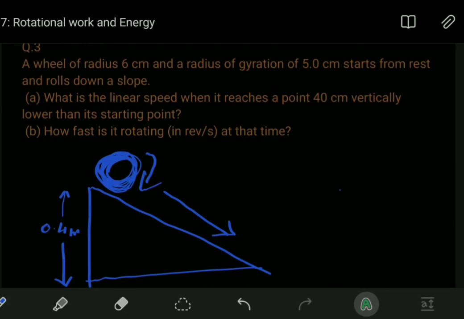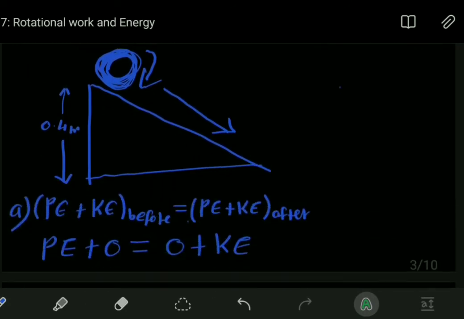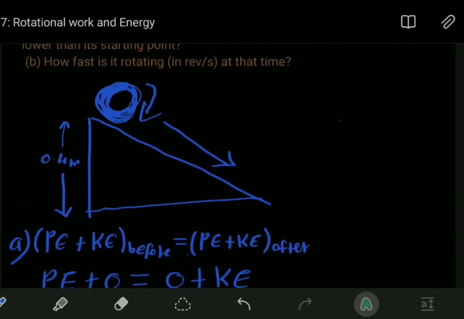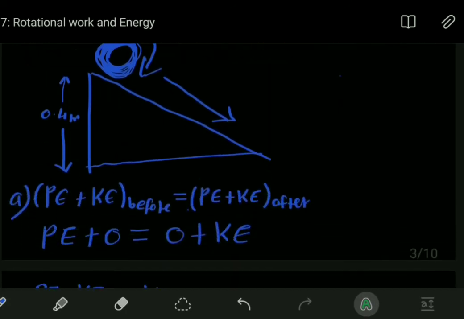So the linear speed it's moving with when it's at the bottom, and also the angular speed at that time. Okay, so here is our wheel. So it's rolling down the slope.